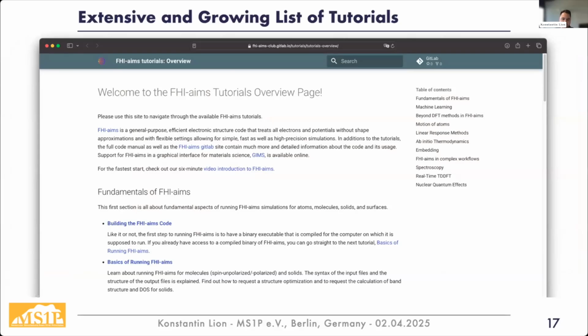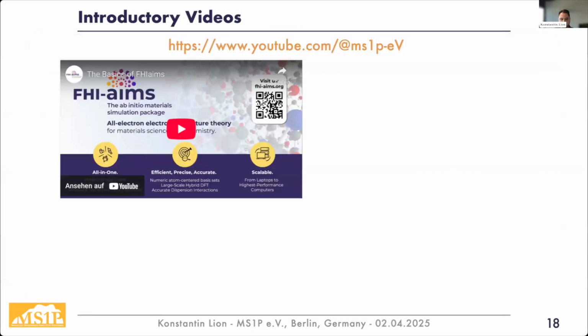It covers all kinds of topics, from fundamentals of FHI-aims, just how do you run the code, to how do you use different machine learning algorithms with FHI-aims, beyond DFT, molecular dynamics, complex workflows, spectroscopy, and so on and so forth. So this, I think, is a really good first step if you just want to see FHI-aims in action. And one of these tutorials, we will do tomorrow, as I already mentioned. And if you're interested, please feel free to join there.